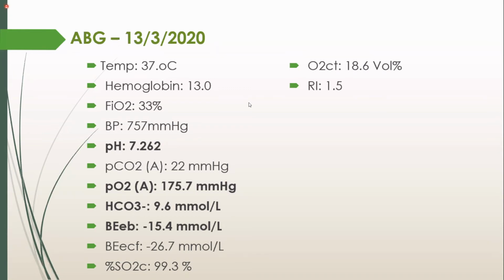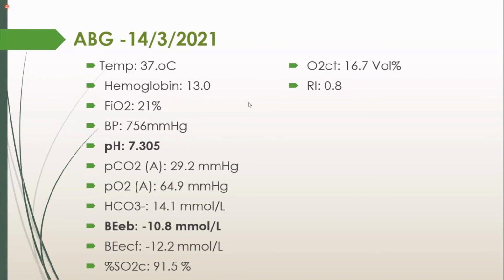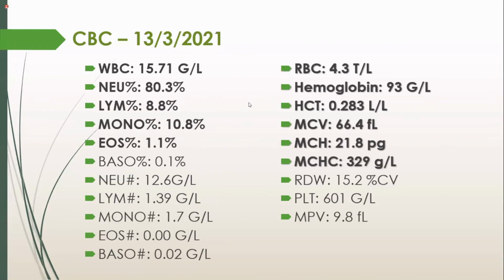Okay, let me ask you a question. Let's go back to the original labs. What about the white count? Why does she have a high white count? There are two things.